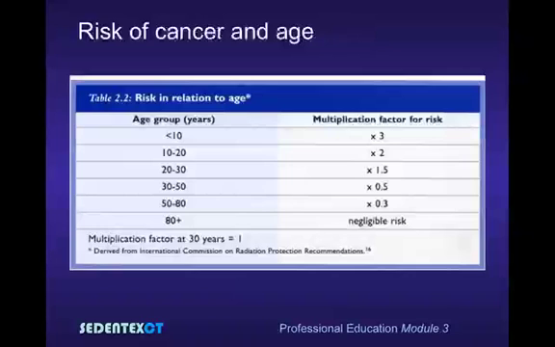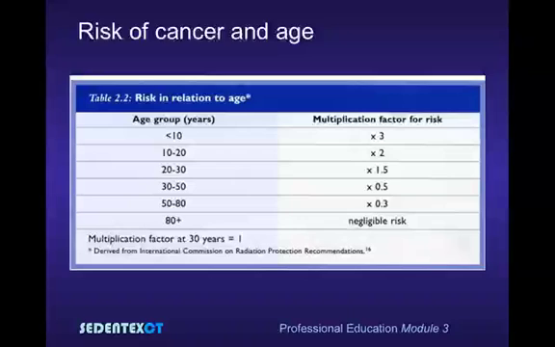One thing we haven't considered is the risk of cancer and age of the patient irradiated. It's very important to understand that when we give numbers for risk associated with X-ray exposure, we do so assuming an individual is aged 30 years. Starting from that point, if you're younger than that, then the risk is higher.